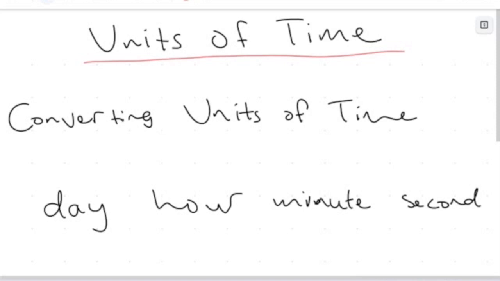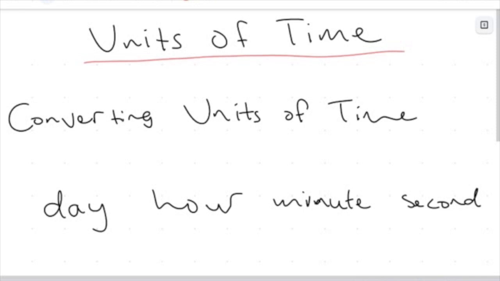So if we wanted to go from days to hours, first of all, is that going to be a bigger number or a smaller number? Well, hours are a smaller unit of time, so that means we're going to have more hours to make up a day, right? So if I have one day, I'm going to have 24 hours in that day.